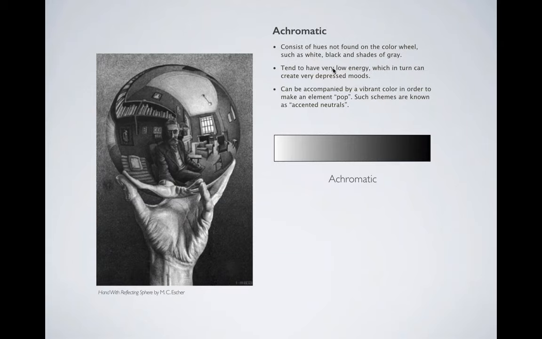The other one that I do want to mention, though, is achromatic. And achromatic just means colorless, no color. This is black and white or grayscale. And it's still often used to good effect. It's sometimes more of a depressed mood. It can be very elegant, but a lot of times it's used to create more of a grim or gritty feel.